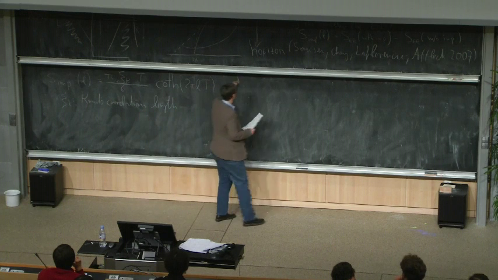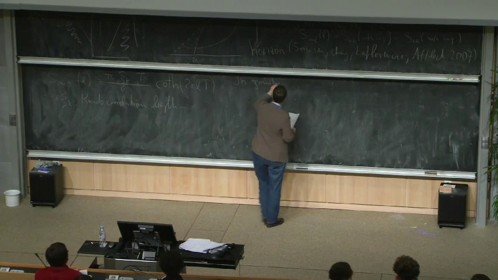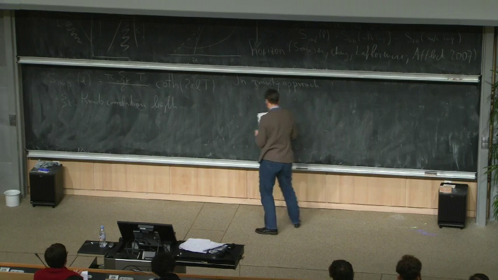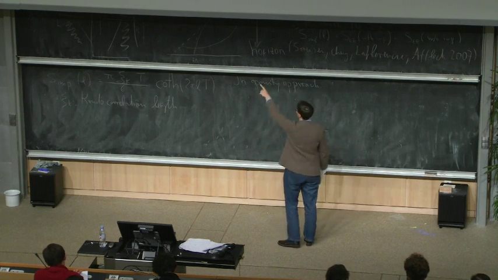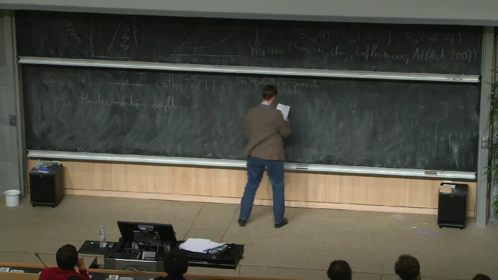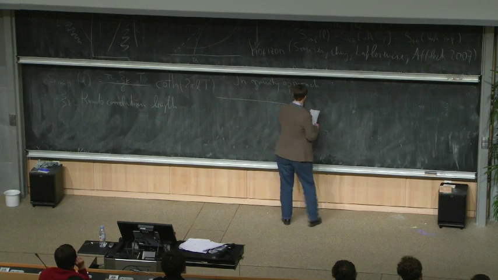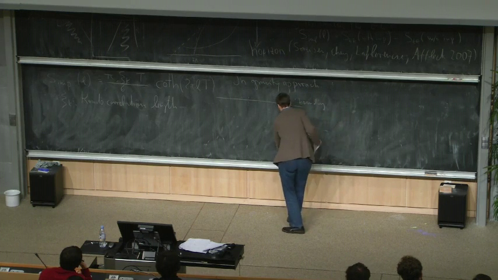So in the gravity approach, we have to do the following. Okay, I hope you can't really see this picture. No. Okay, let me draw it again. So here's the boundary. Here's the horizon.